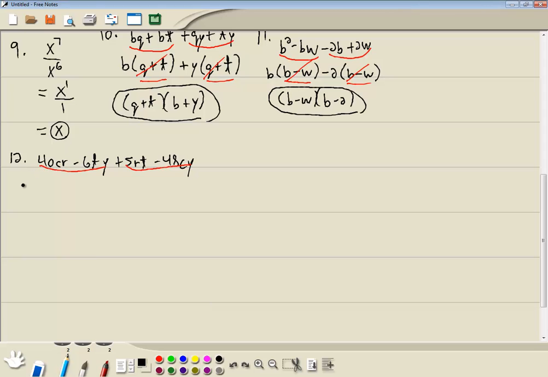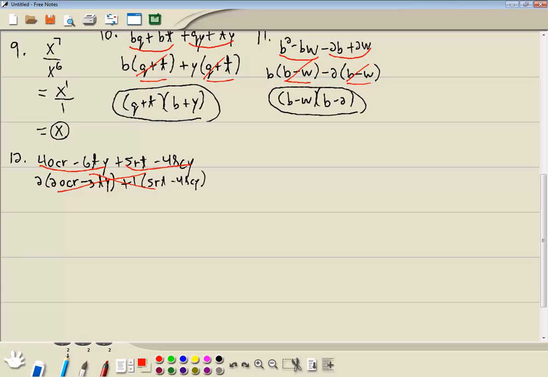GCF, the first group, they have a 2 in common, and that gives us 20CR minus 3TY. My second group, they have nothing in common, so I can factor out a 1. And that gives us 5RT minus 48CY. Doesn't go anywhere, fails.